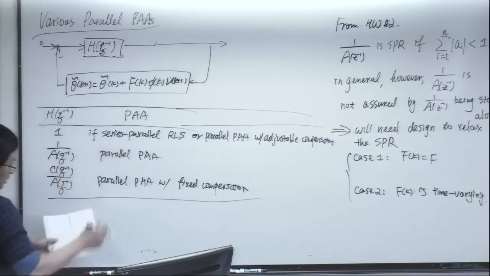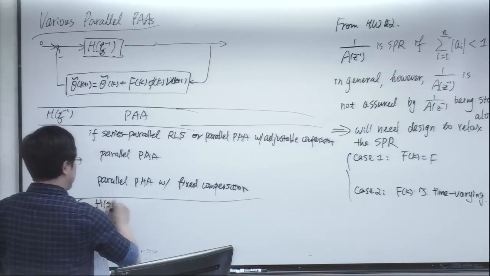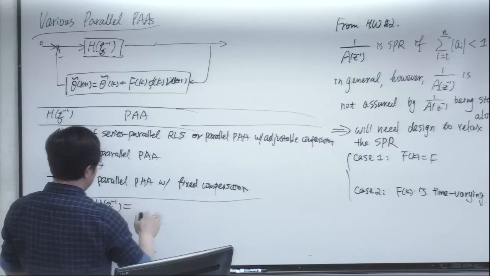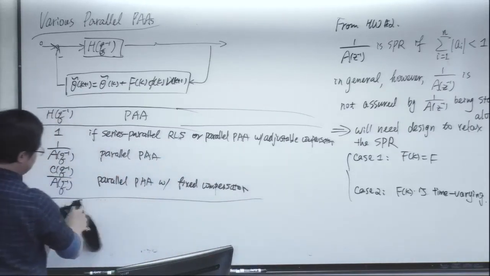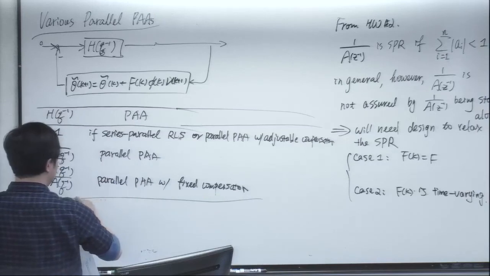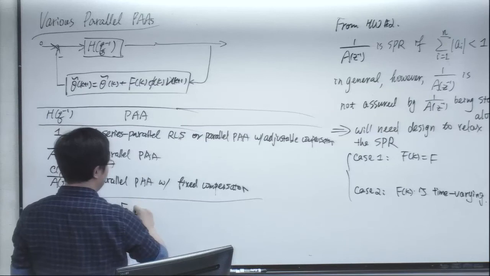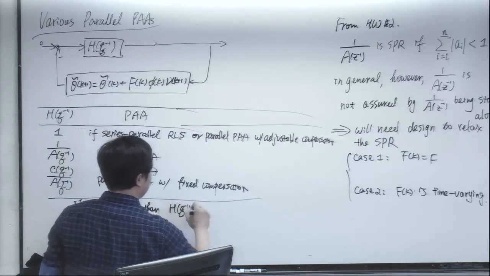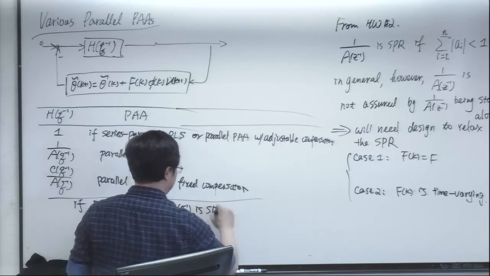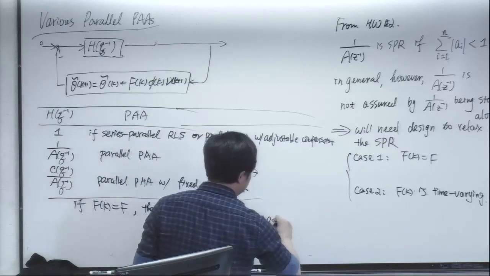The general stability conditions are, if it is constant adaptation gain, then H being SPR will give asymptotic hyperstability.